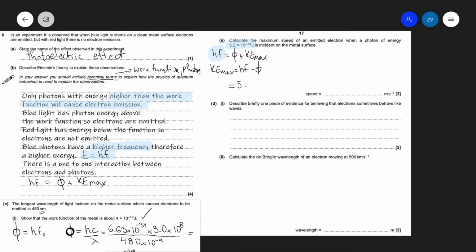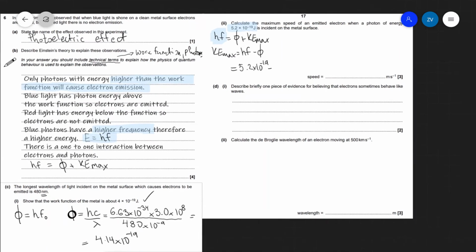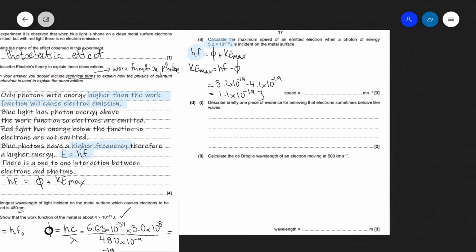That's 5.2 times 10 to the power minus 19, take away the work function, which we found in the previous question to be 4.14. Because we're dealing with 2 significant figures, let's use 4.1 times 10 to the power minus 19, and this will give us 1.1 times 10 to the power minus 19 joules for the kinetic energy.